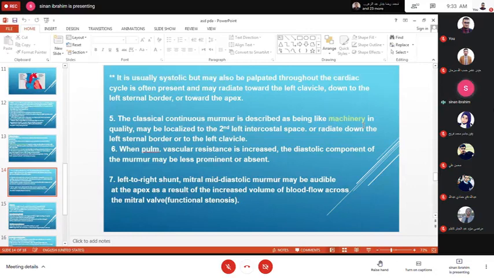So when we hear on the second left intercostal space a systolic and diastolic murmur, this means the patient may have a PDA. Usually it radiates down the left sternal border or to the left clavicle, and may also radiate to the back.